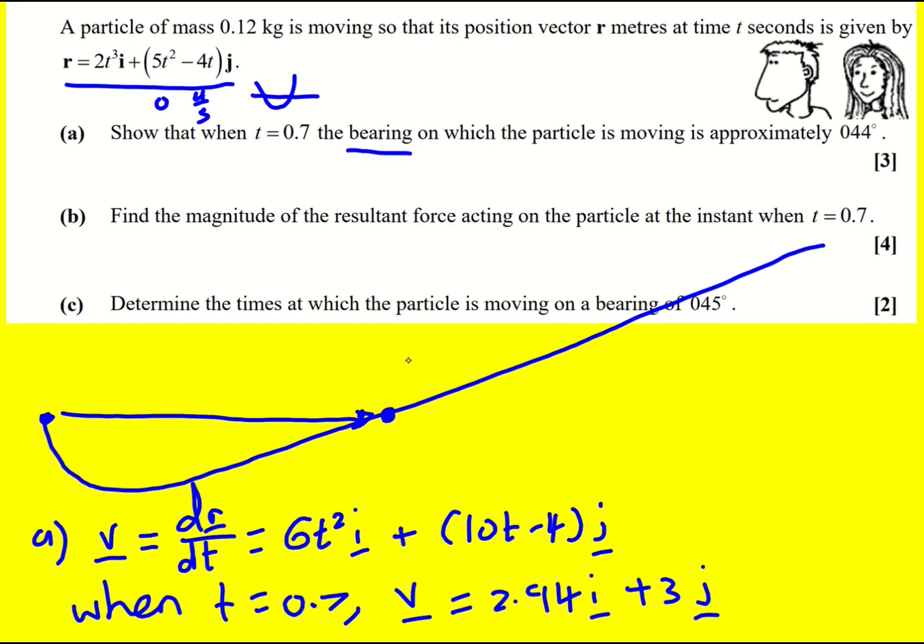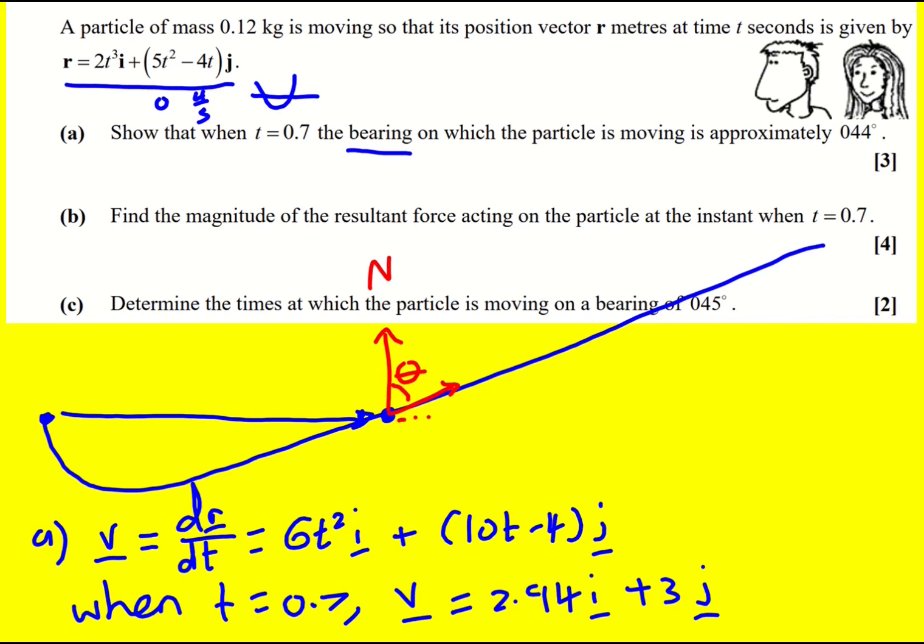And what that is doing is essentially telling me the direction of motion at a particular point. So here I am, instantaneously going along this direction, for example. So if I want the bearing, I need to put north in, and north is going to be in line with the y-axis, by definition. And then we want this angle here.